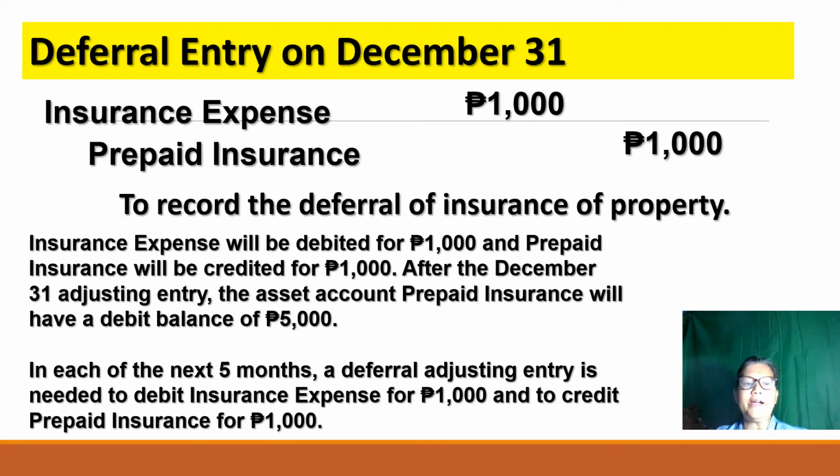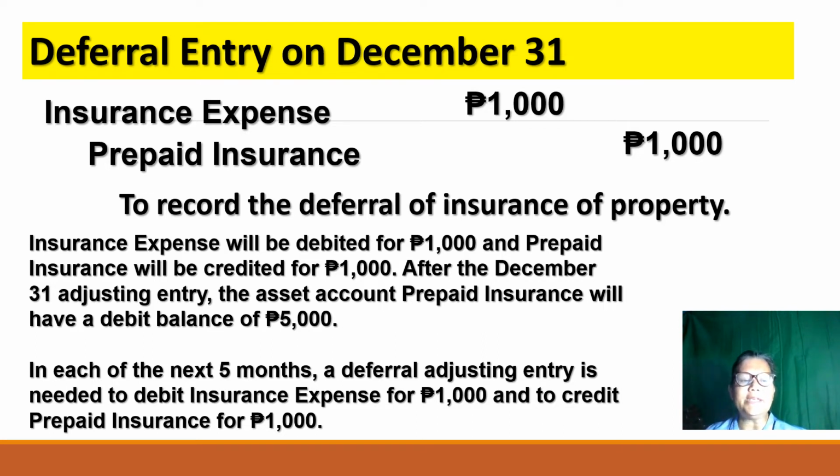For our deferral entry on December 31, debit insurance expense 1,000 and credit prepaid insurance 1,000. That is to record the deferral of insurance of property. Remember class that insurance expense will be debited for 1,000 pesos and prepaid insurance will be credited for 1,000. And that is the entry.